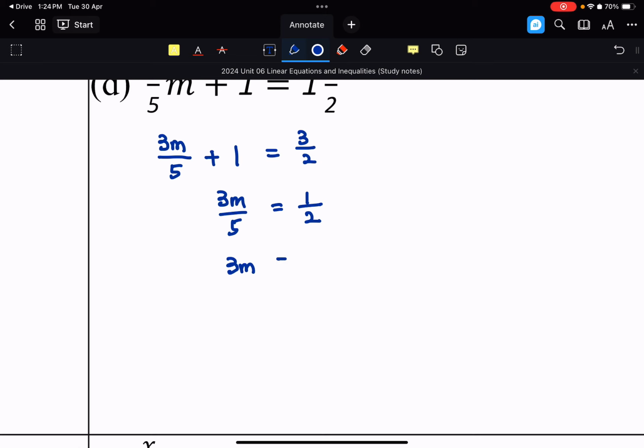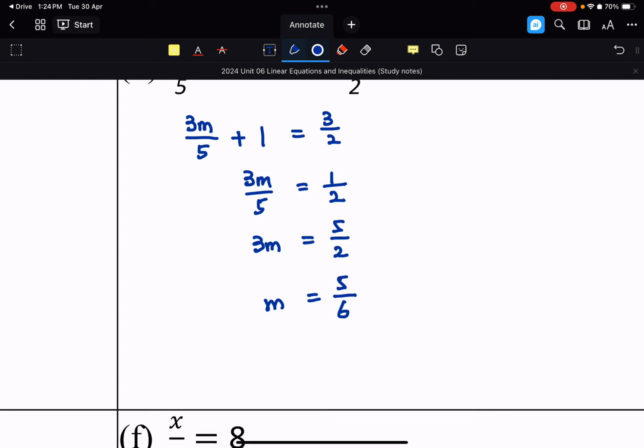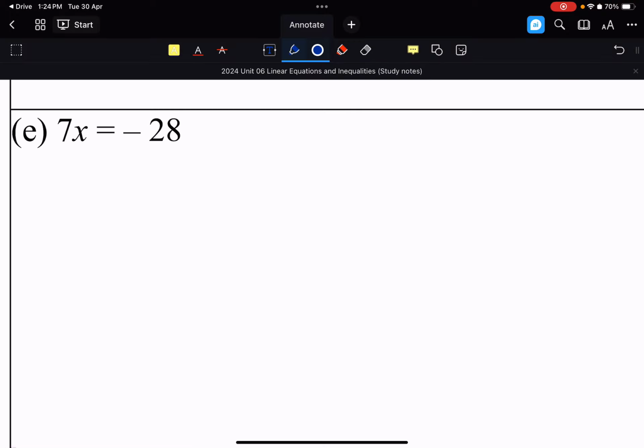So we have 3m equals 5 over 2. That means m is equal to, when we divide by 3, 5 over 6. Misspoke. Right? So we just divide by 3 on both sides. So it works for fractions. This is fine. Right? Move on.